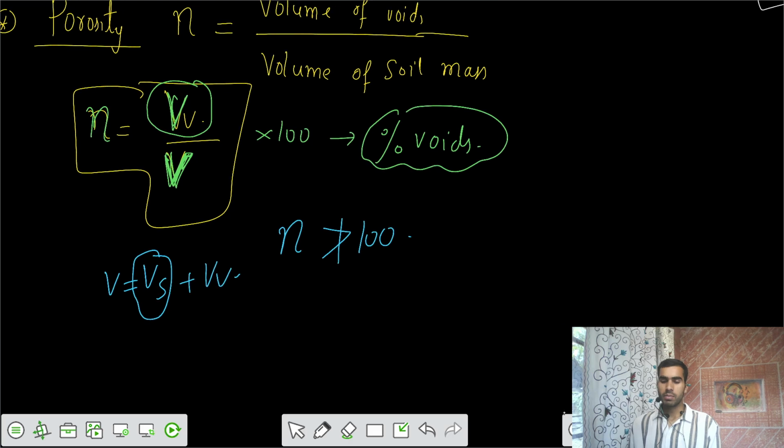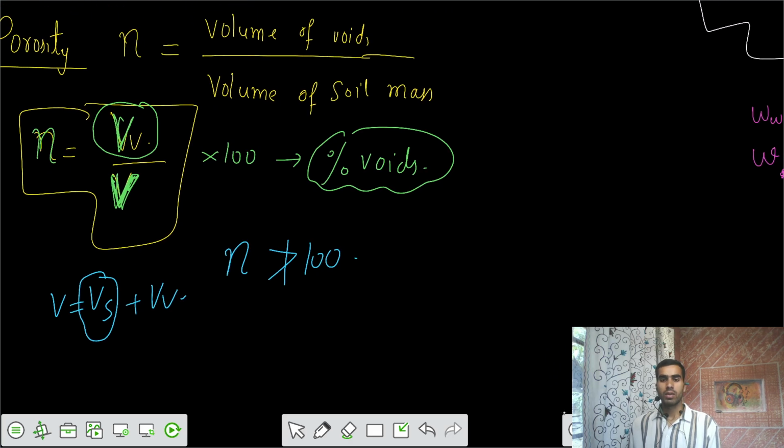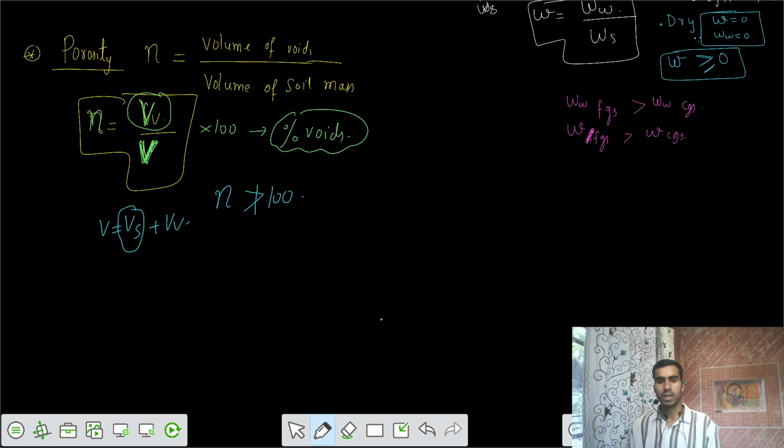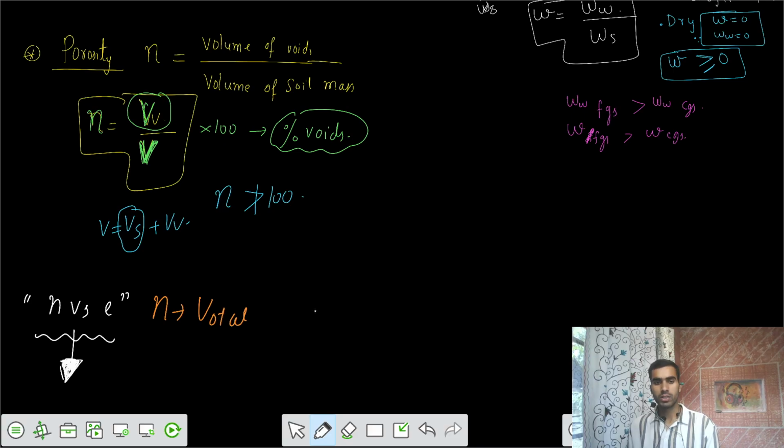Now the final statement: the comparison of n versus e. This is the one conclusion. Which one are you going to prefer from an engineering perspective for the soil, which you are going to use in a suitable way? Porosity accounts for the total volume; if you check the denominator, it has the total soil volume.